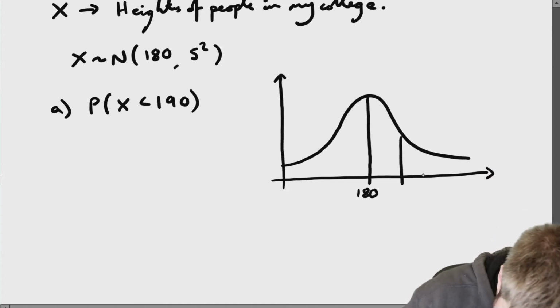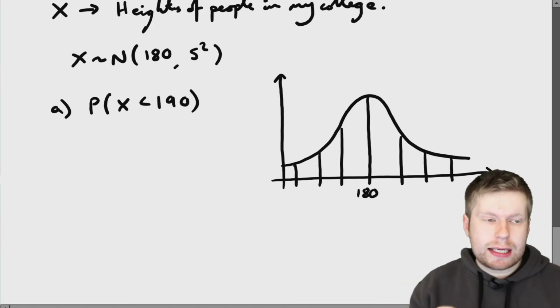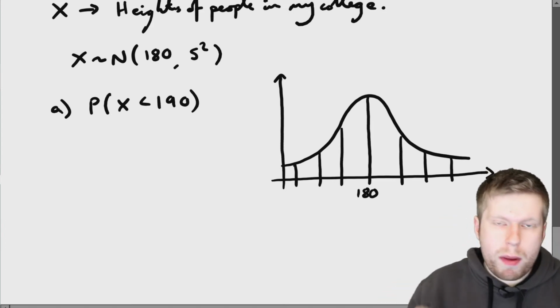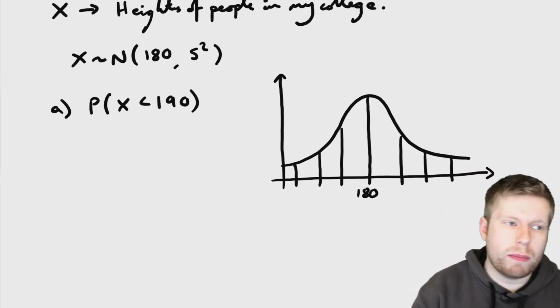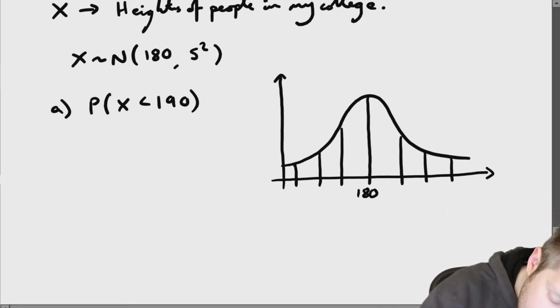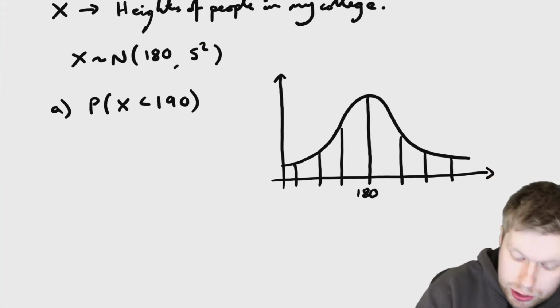Then I know I'm looking at 3 standard deviations each side of the mean, so I'm going to draw those values in. Remember, I'm looking at a unit of standard deviation for every bar I go above or below the mean. The variance is 5 squared, so the standard deviation is 5.